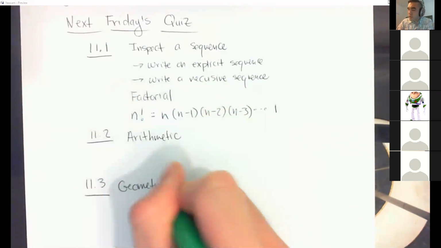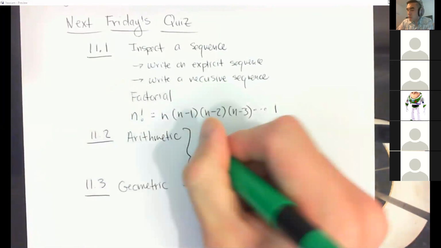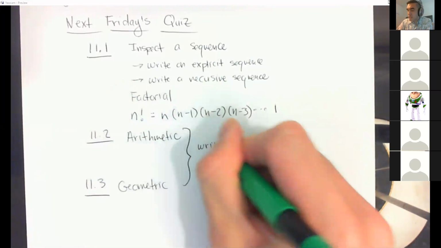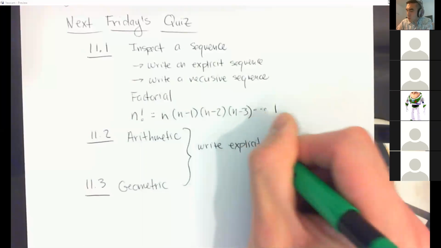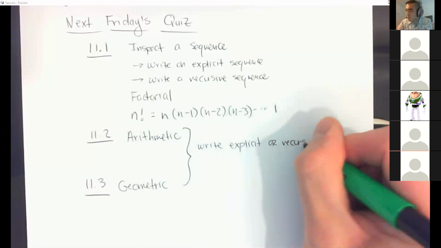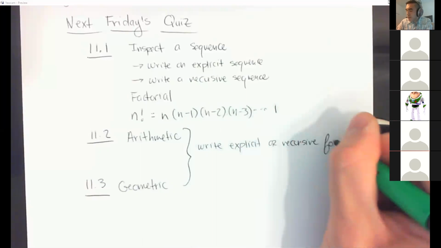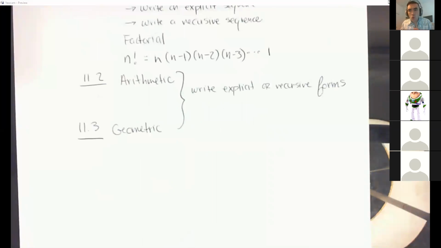For both of these, I need you to again use the common difference and the common ratio to write explicit or recursive forms based on two data points or based on an example list of numbers, stuff like that.